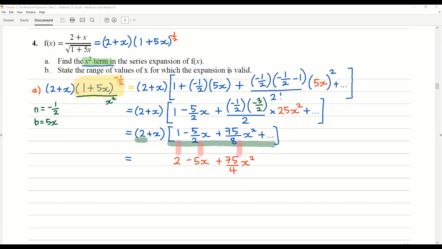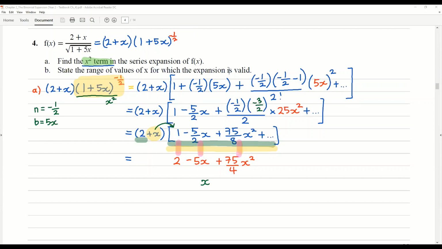My next task, I'm going to multiply by the plus x here. So I'm going to multiply all of this by plus x. Now, if I do x multiplied by 1 here, that of course is going to give me x. So that needs to go in my x column. Then I move on to the next term.